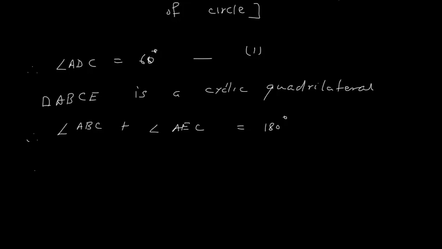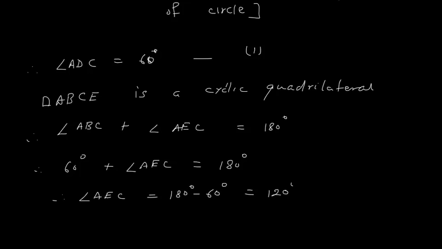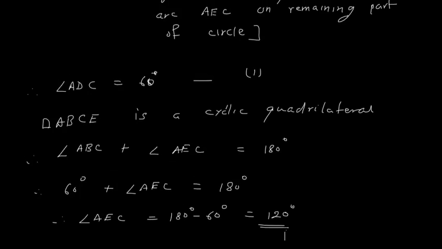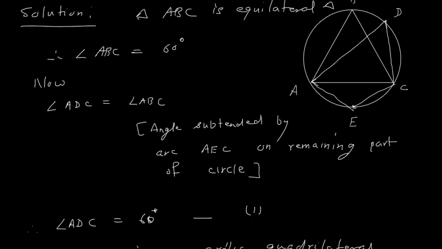So this is 60 degree plus this we don't know. So I will get the value of angle AEC is equal to 180 degree minus 60 degree, which is 120 degree. So value of this angle AEC is 120 degree.